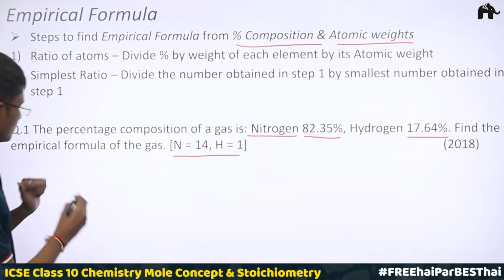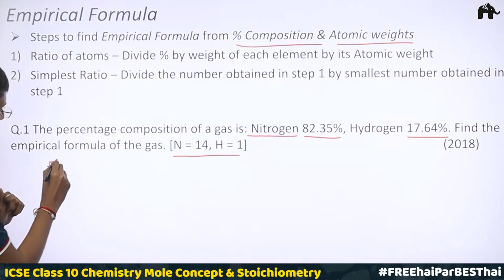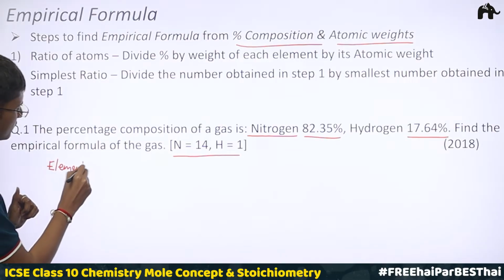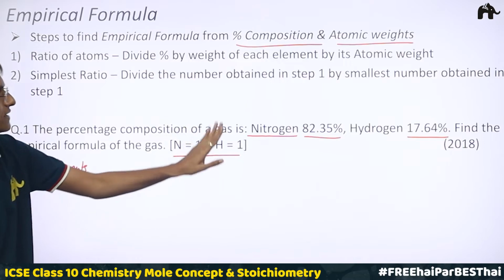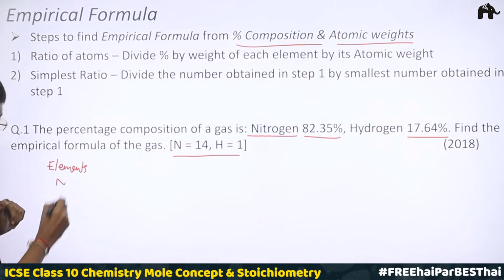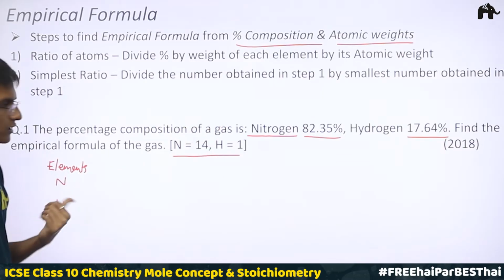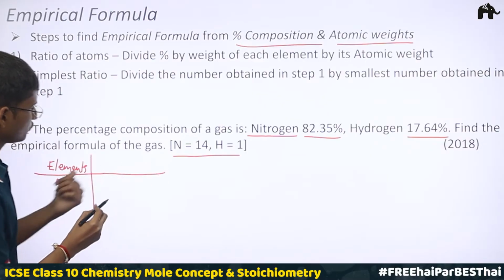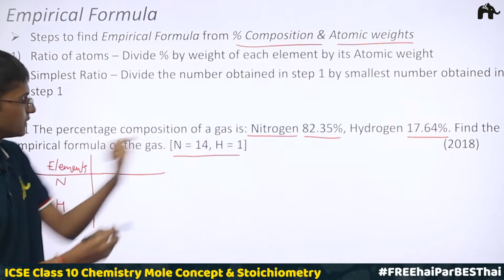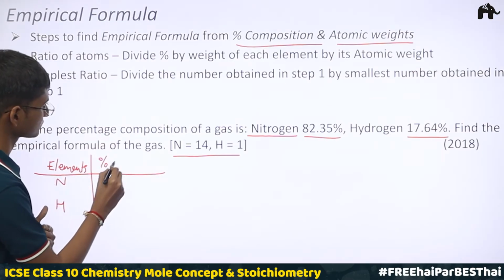First, write the elements in the first column: nitrogen, hydrogen. This gas has two elements, clear? Then in the second column, you write the percentage composition which is given to you.